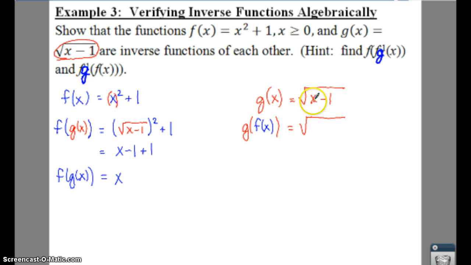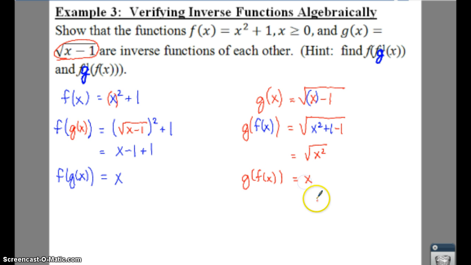Take out this x, and in its place plug in x squared plus 1. And then you still have this negative 1 behind it. If you simplify from here, you get the square root of, well, 1 minus 1 is just gone. So what is the square root of x squared? It is just an x.